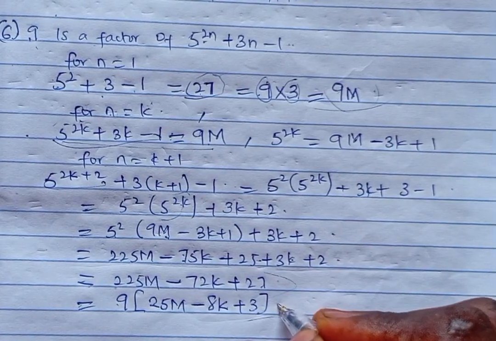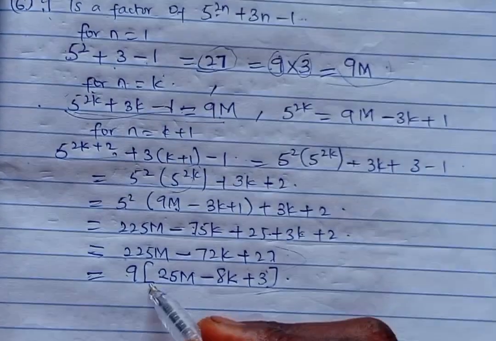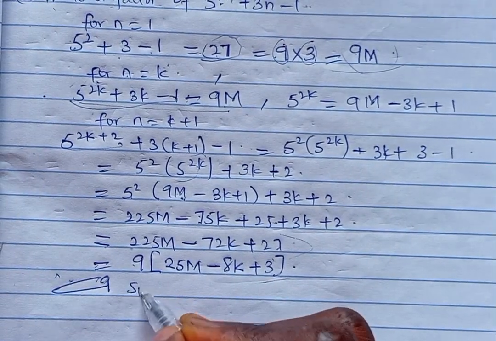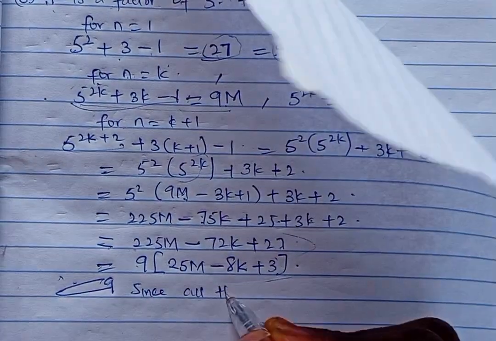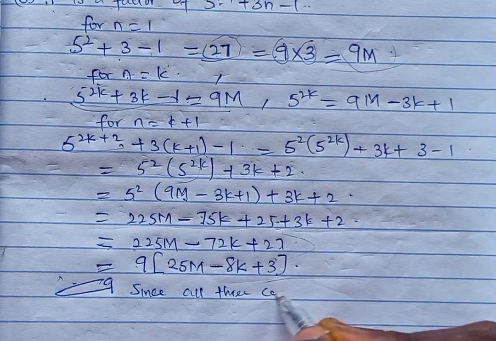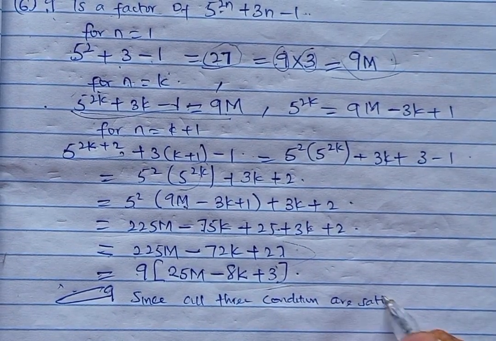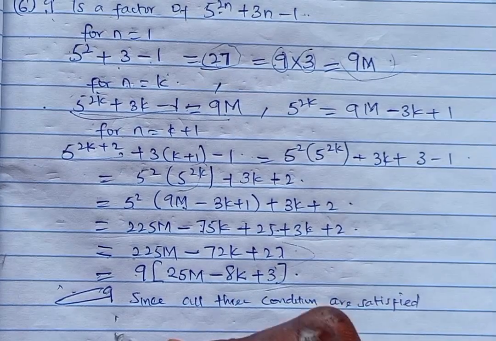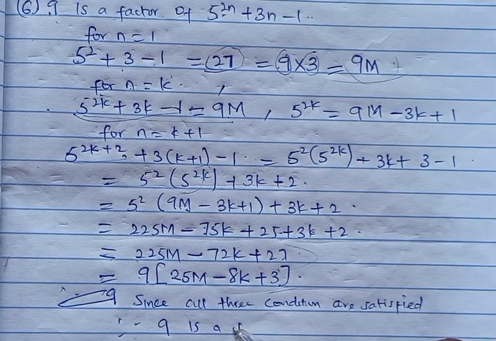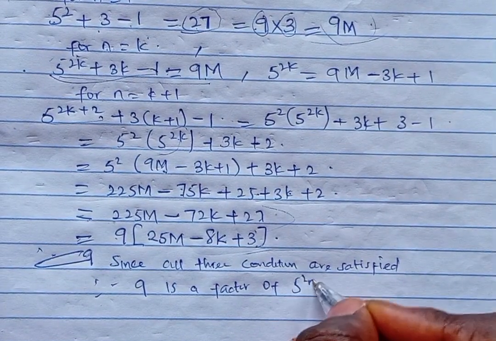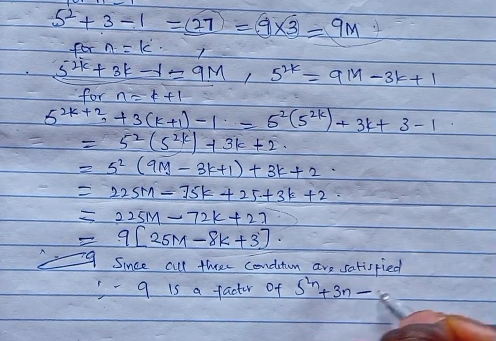So since 9 can be factorized, it means that, since all the conditions are satisfied, therefore 9 is a factor of 5 raised to the power 2n plus 3n minus 1.